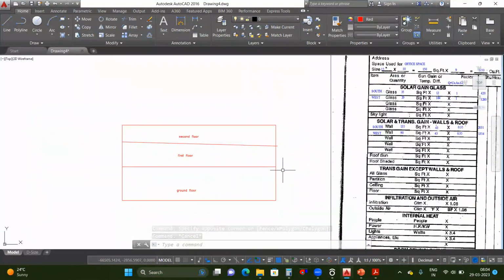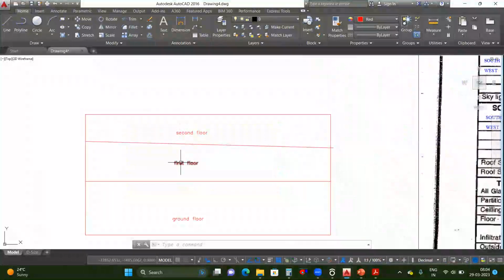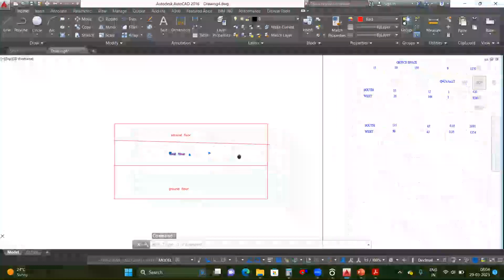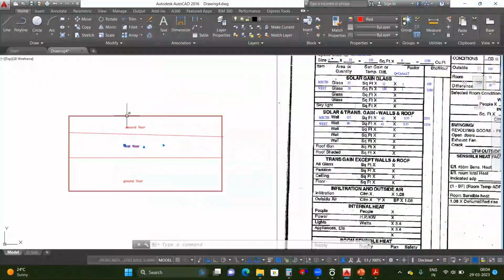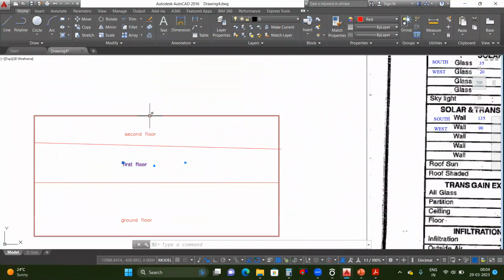In other situations, when you are doing the first floor calculation, the sun is not hitting directly. The sun will hit the second floor, and it will go from the second floor to the first floor. If we have air conditioning on the second floor, there will be no heat transmission from the sun to the first floor.